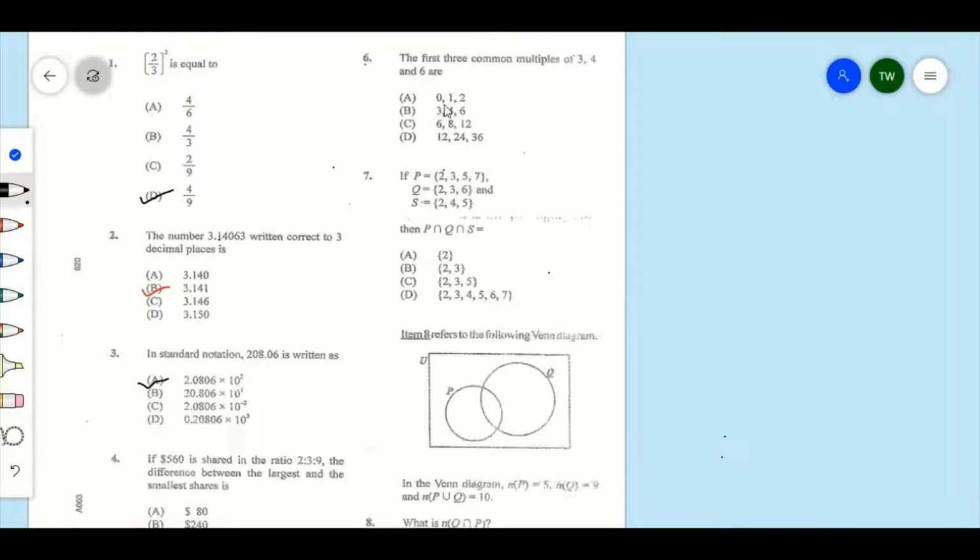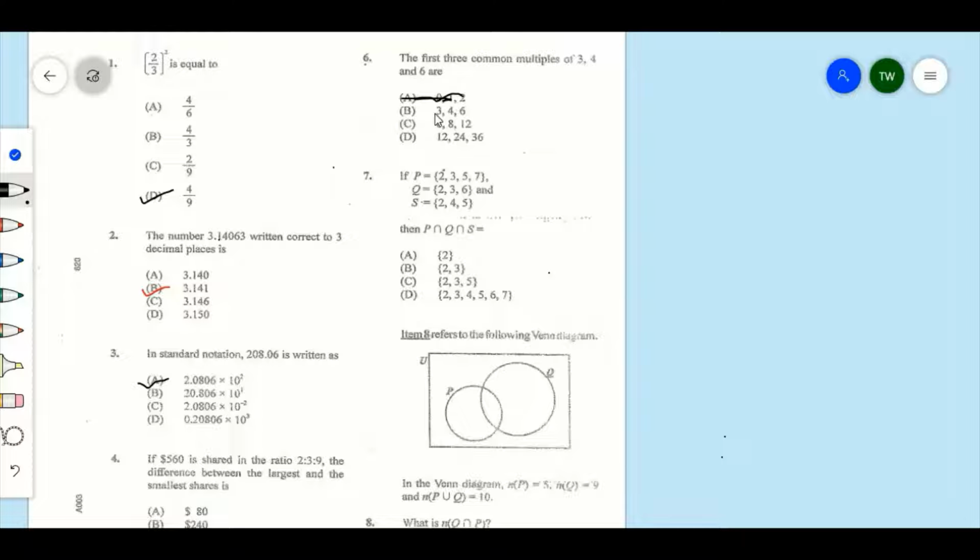So here, when we look at option A, we have 0, 1, 2. Now, the question asks for common multiples, but for multiples, the smallest multiple of a number is the number itself. And here we have 0, 1, 2.